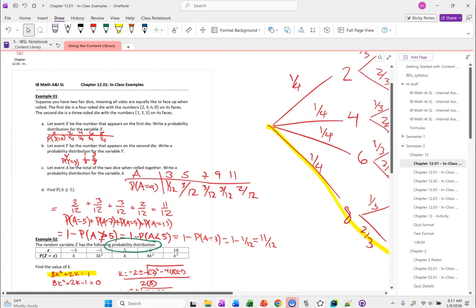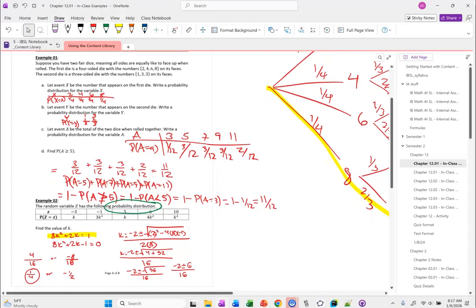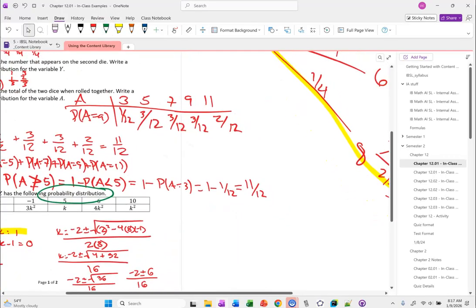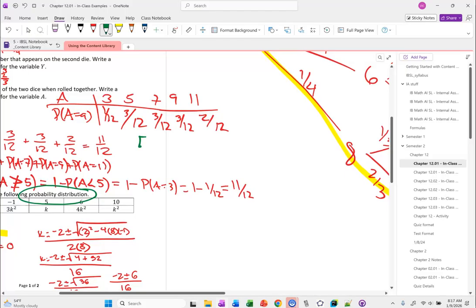So if we go back to example 1, here's our A. Who can compute the expectation for A? Marin, you want to go again? I love it.